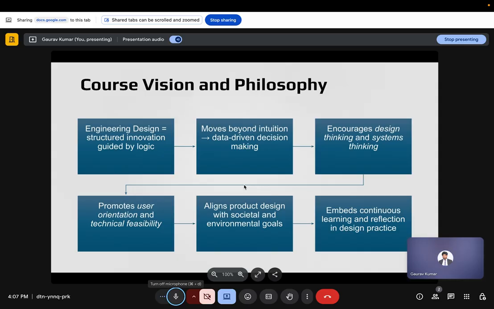Then the user orientation and technical feasibility. Desirability sets direction, feasibility bounds, and viability sustains the outcome. Sustainability and ethics are not afterthoughts; they shape early choices on materials, energy, safety, and life cycle.